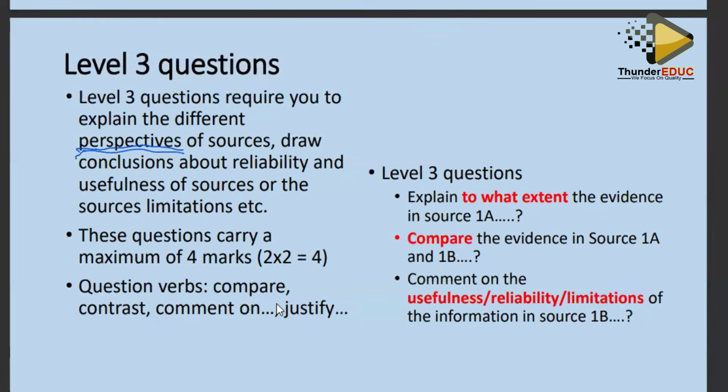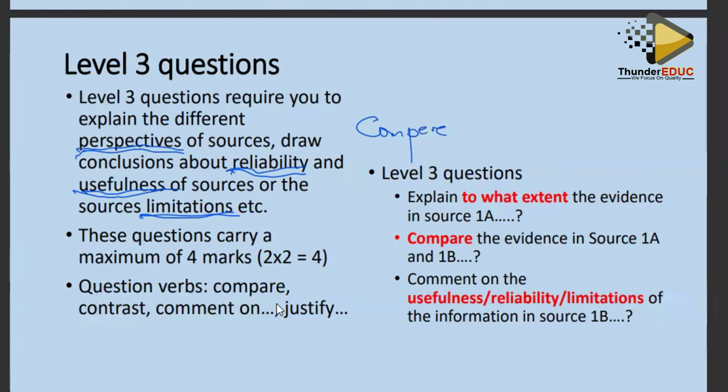So we have to draw conclusions about reliability. We're going to talk about that as a particular question on its own. What do we look at for us to say a source is reliable or is unreliable? We also check on usefulness of a source, or we look at limitations of a source, or we are comparing sources.